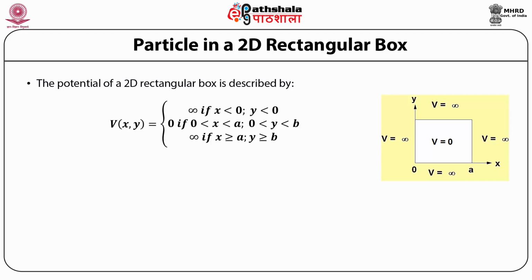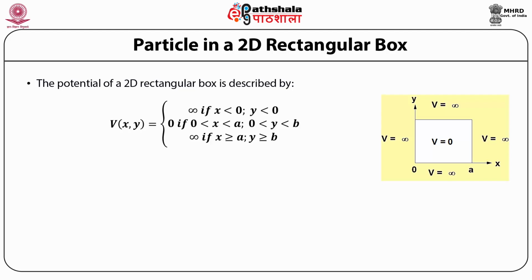And another equation is d square psi y by dy square plus ky square psi y is equal to 0, where kx square is equal to 2mEx by h cut square and ky square equal to 2mEy by h cut square.